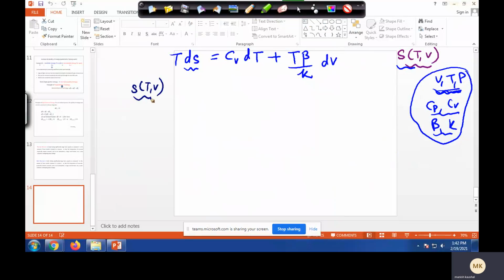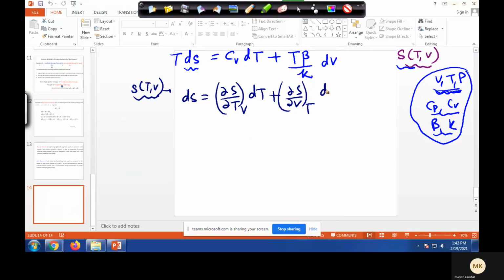So using calculus, I can write my dS is ∂S/∂T at constant V dT plus ∂S/∂V at constant T dV. Okay, fine. Now this you can see directly here. If we go to the definition of Cv, this will be Cv/T. You can check, this is Cv/T.